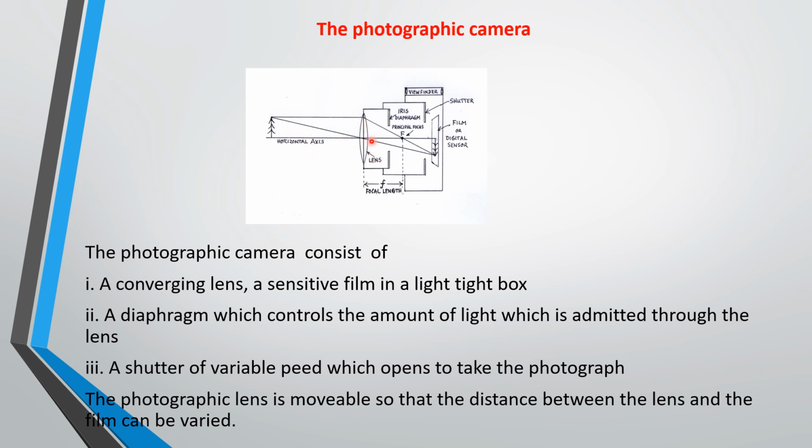Once you are able to adjust the distance of this lens and the film, you look at it, and this is where you view the film. This is your viewer. So you look at the camera from here, you look at the sharpness of the image before you snap. So these are the features of a camera, and this is just a simple camera. Just take note that a camera is one of the optical instruments that are in use today.